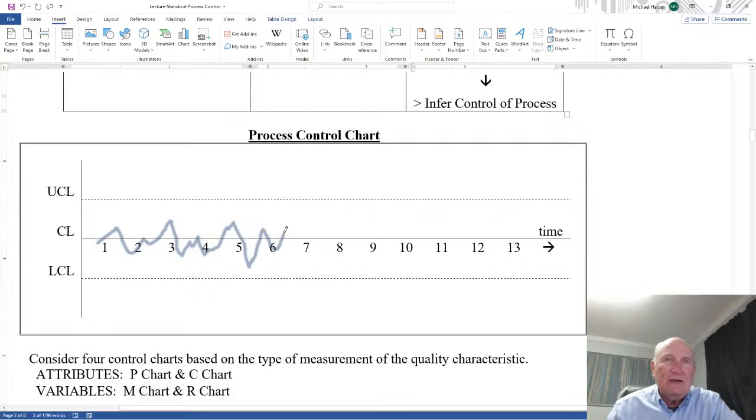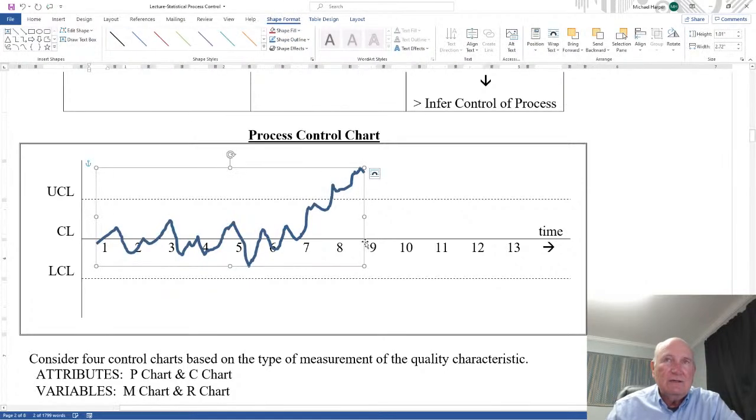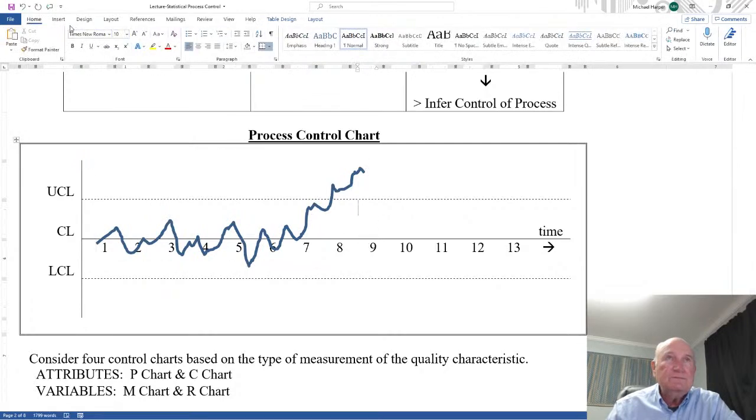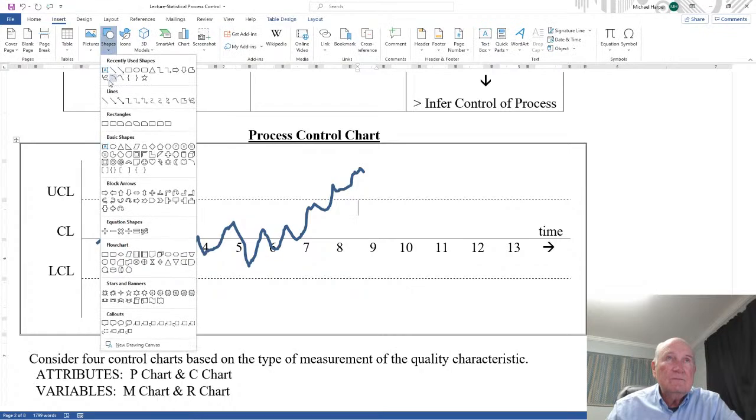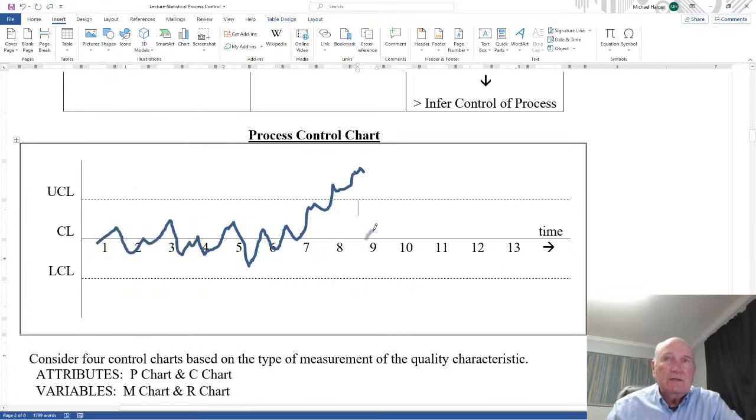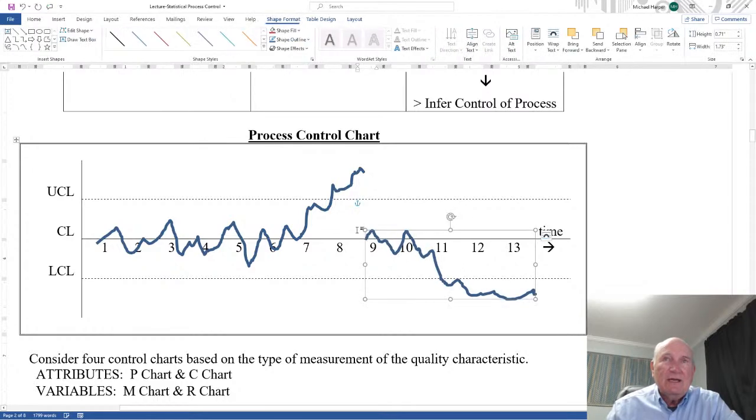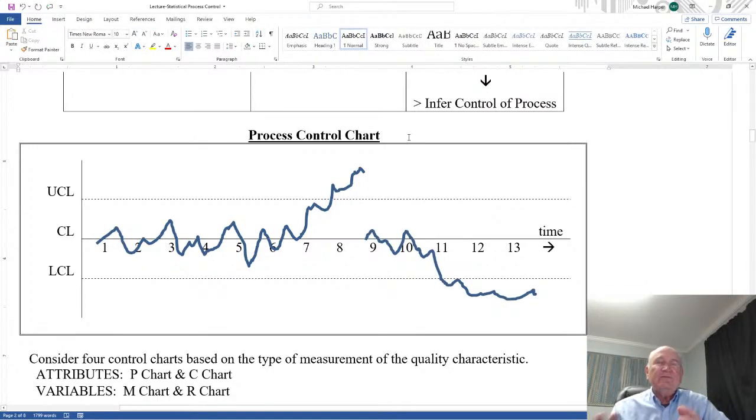If it's in here, you're fine. But if it comes up here, that's not good. Or if it's coming along and comes down here, that's not good. There are different ways that your process can be out of control.